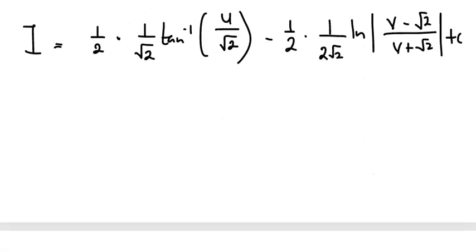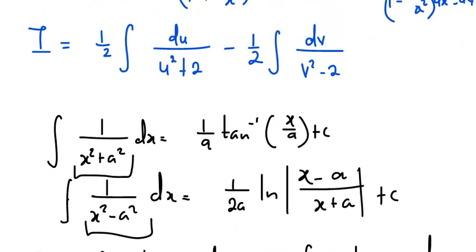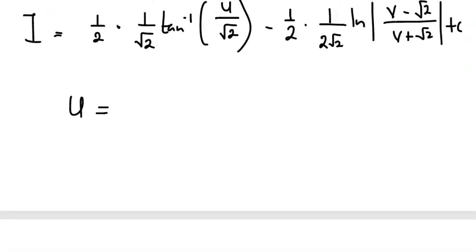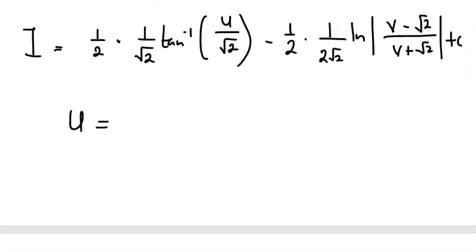Then let us recall back. We know u is equal to x minus 1 over x, while v is equal to x plus 1 over x.